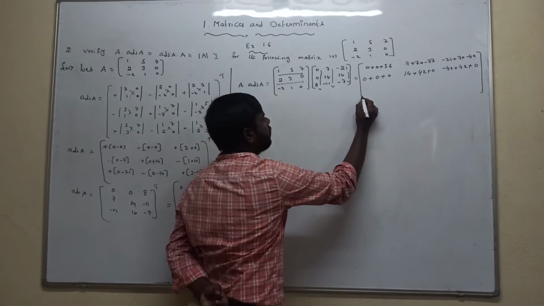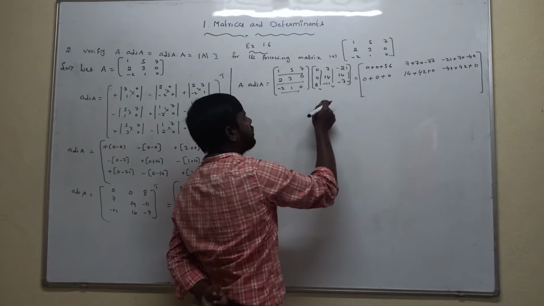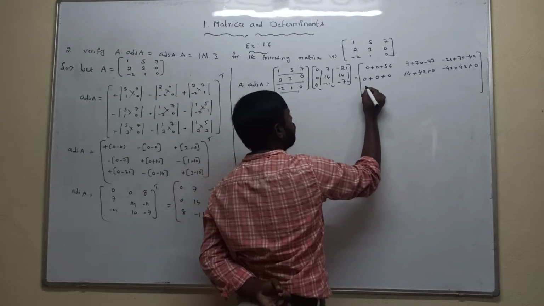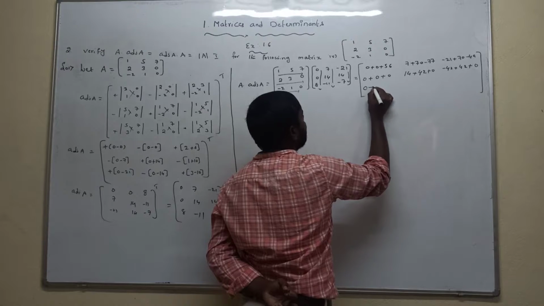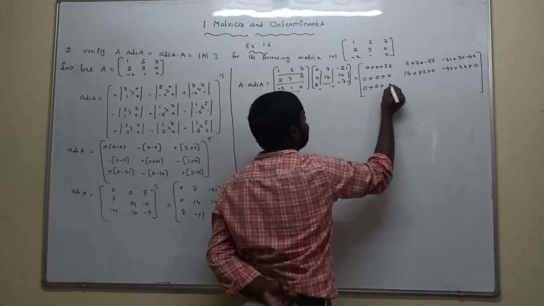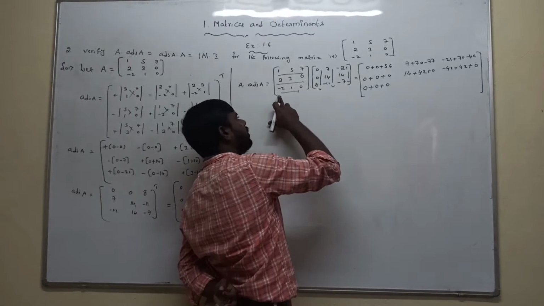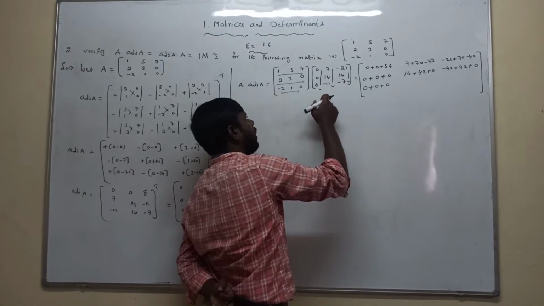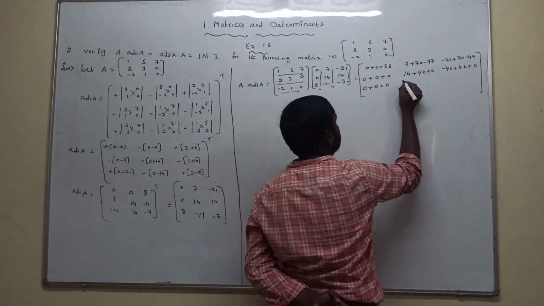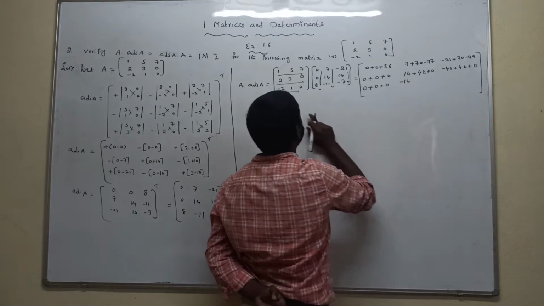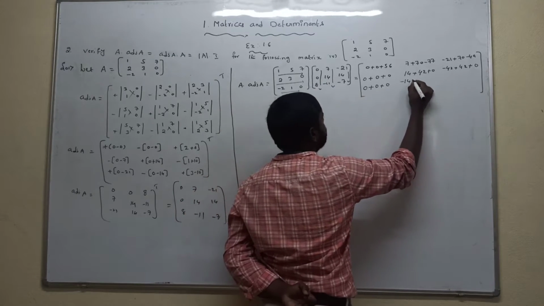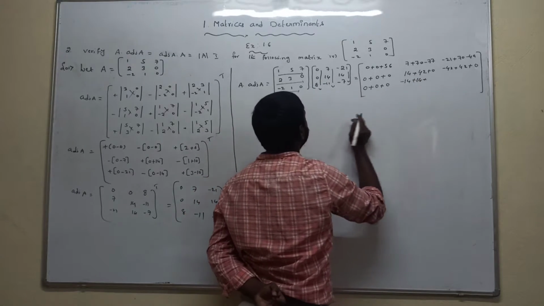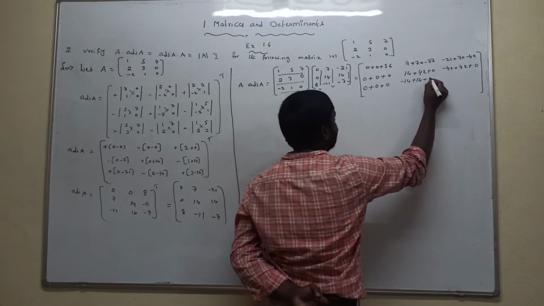Next, product with the third row, first column: minus 2 into 0 is 0, plus 1 into 0 is 0, plus 0 into 8 is 0. Next, product with the third row, second column: minus 2 into 7 is minus 14, plus 1 into 14 is plus 14, plus 0 into anything is 0.